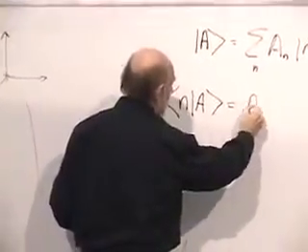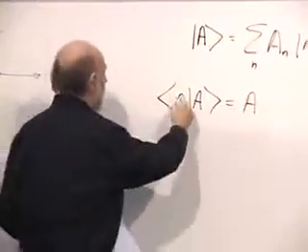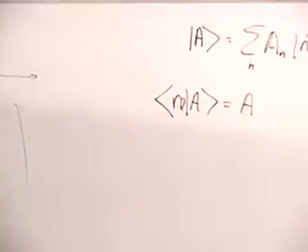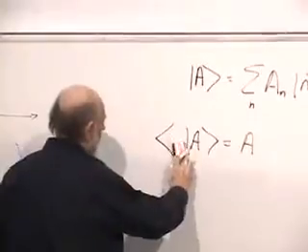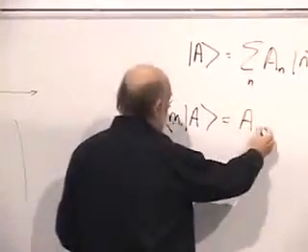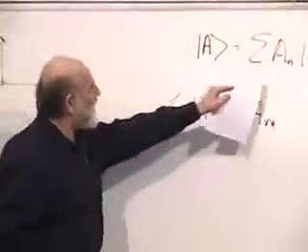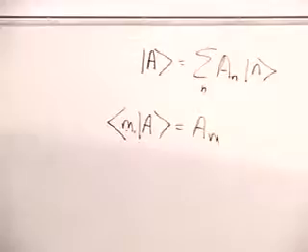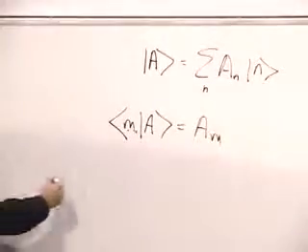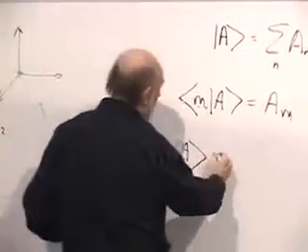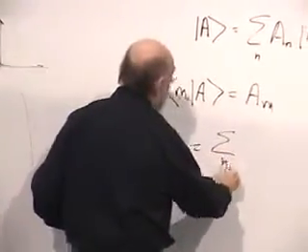So the particular coefficient A sub m is just given by the inner product of m with A. That allows us to rewrite any vector in the interesting form: sum over n.